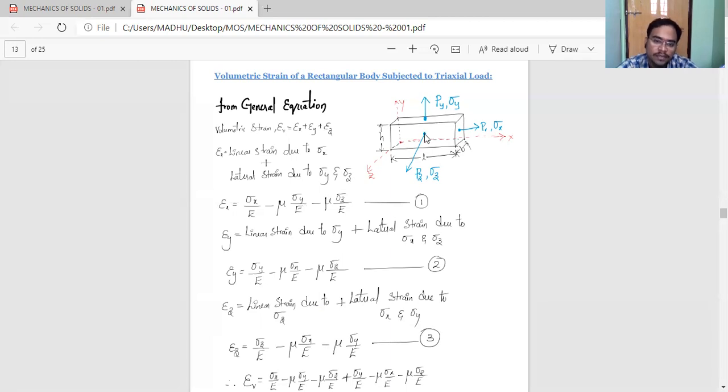So because of Py, minus mu sigma y by E, and because of Pz, minus mu sigma z by E. So this is expression 1. If you have understood this first expression, the other two expressions are similar to the first one. So what is happening here is the primary strain minus the secondary strains.